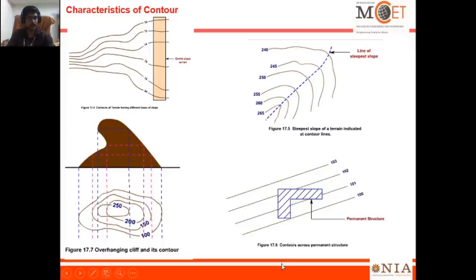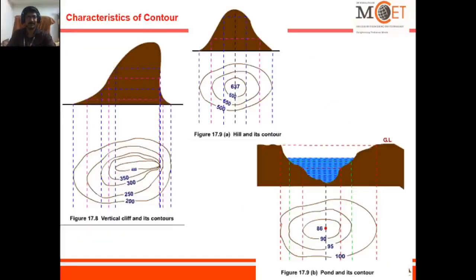So the contour won't pass through the permanent structure. The remaining points may have the same elevation. If you are going to construct something here else, then it will be vanished, right? So this is the fourth characteristic of the contour.